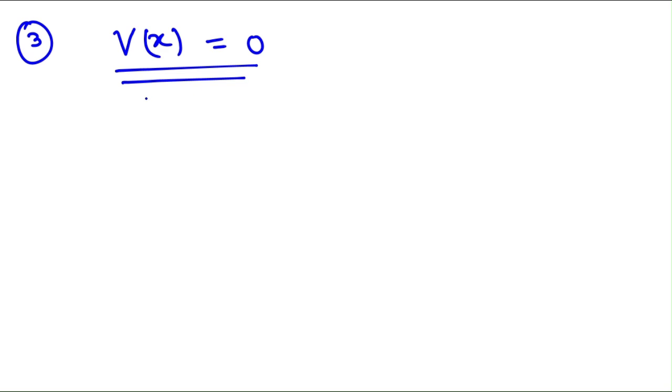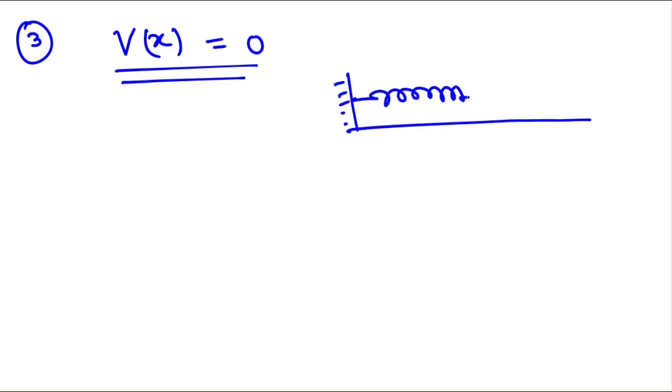Like I'm giving an example here. Like in this case of a spring mass system, we have chosen the potential energy of this system to be zero at the point of equilibrium, where equilibrium means where the spring is at its natural length, neither compressed nor elongated.